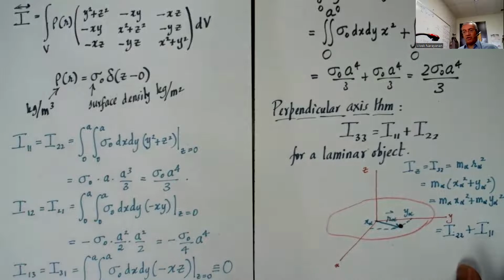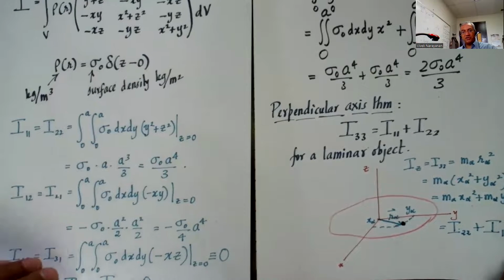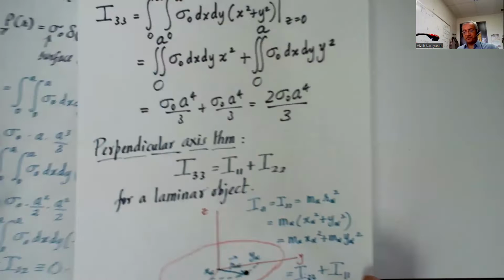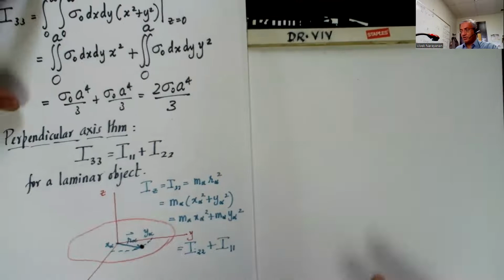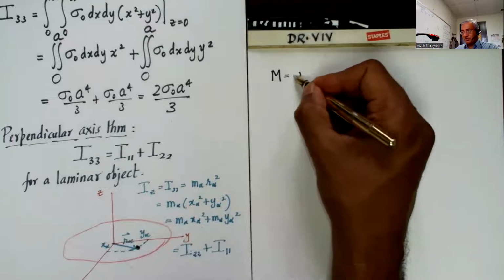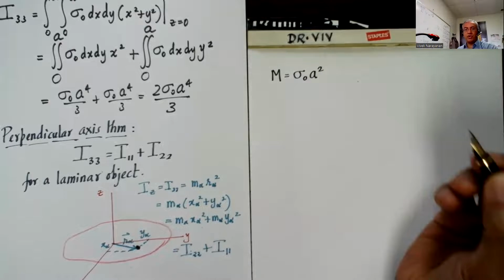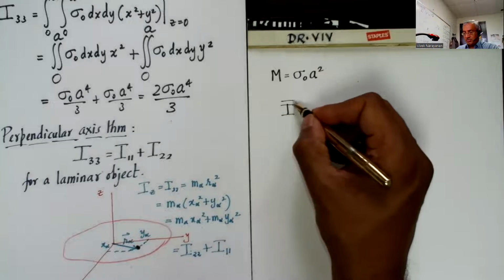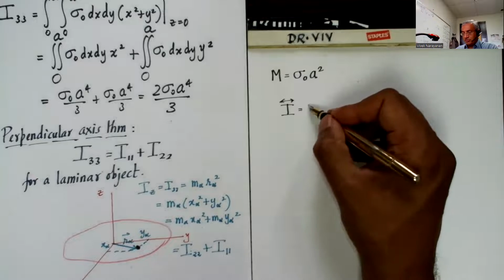So now we have found all the elements. Let's gather them together and form our inertia tensor. First of all, the mass of this object is the mass density times the area of the square, which is a squared. So we can use that to write down the moment of inertia tensor.